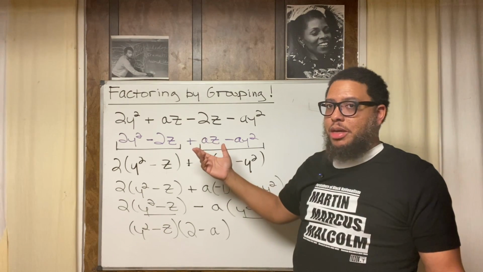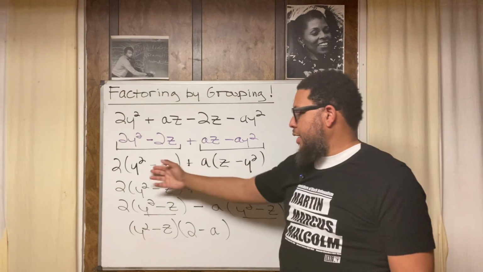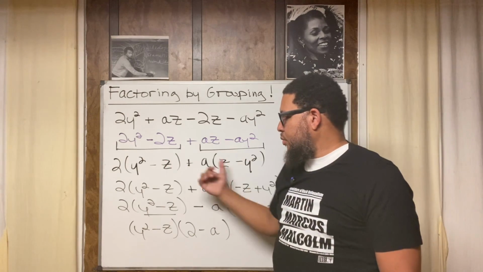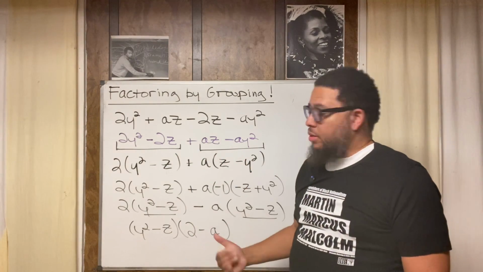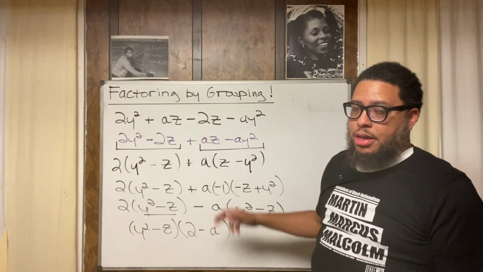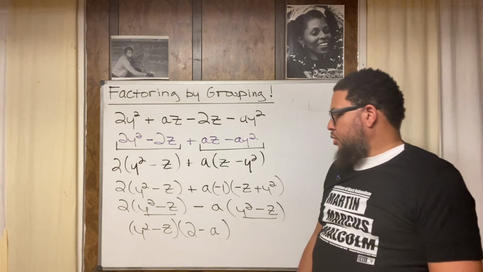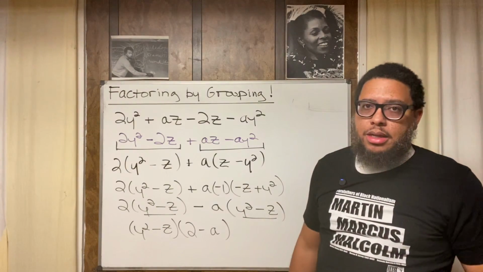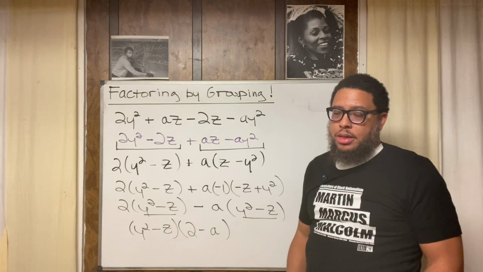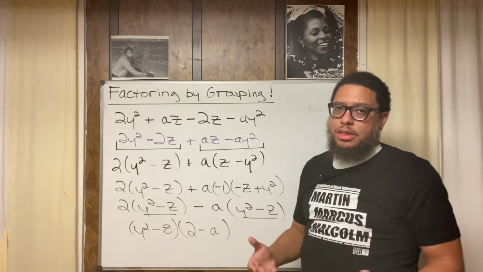Or, how can I get a GCF out of the binomial if they're not exactly the same? You can't. But what you can do is factor out a negative 1 like I did right here. But if nobody ever told you that, then how are you going to know to do it? So I say all that to say, algebra is not too hard. It's just sometimes maybe somebody didn't tell you what the necessary steps were.